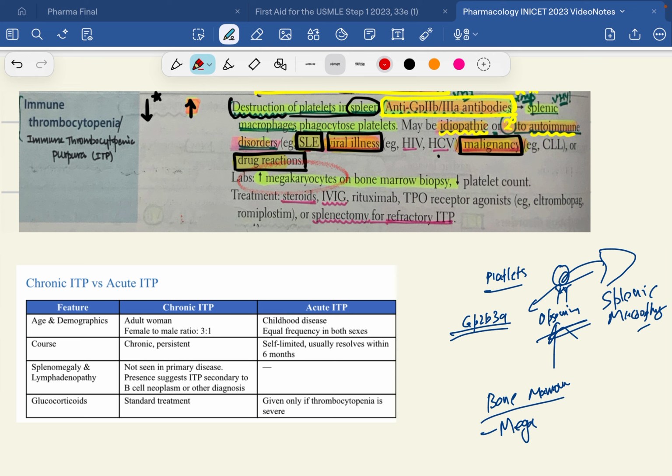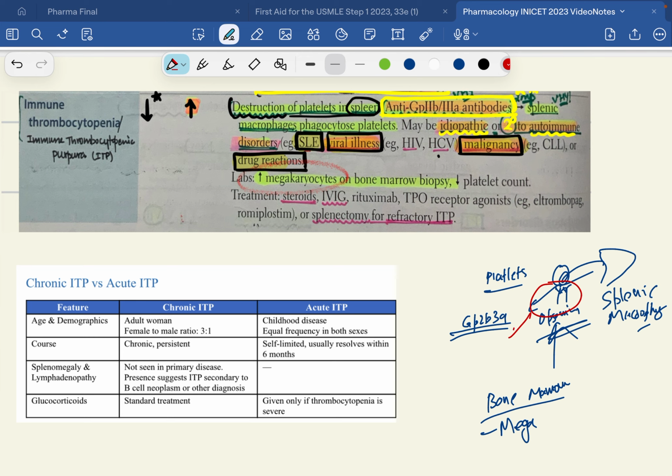Bone marrow is getting the signal that there are not enough platelets in the circulation because they are being consumed by the splenic macrophages. So bone marrow increases the platelet production, and that's why the number of megakaryocytes in the bone marrow increases. Next, this autoantibody which is forming against GP2B3A, we can test for it in the blood.